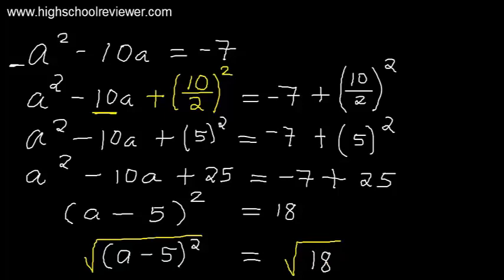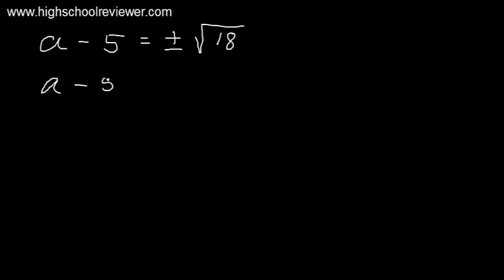Now the square root of a minus 5 raised to the power of 2 is equal to a minus 5. So this will be a minus 5 equals plus minus the square root of 18. We can simplify 18. The factors of 18 are 9 times 2.